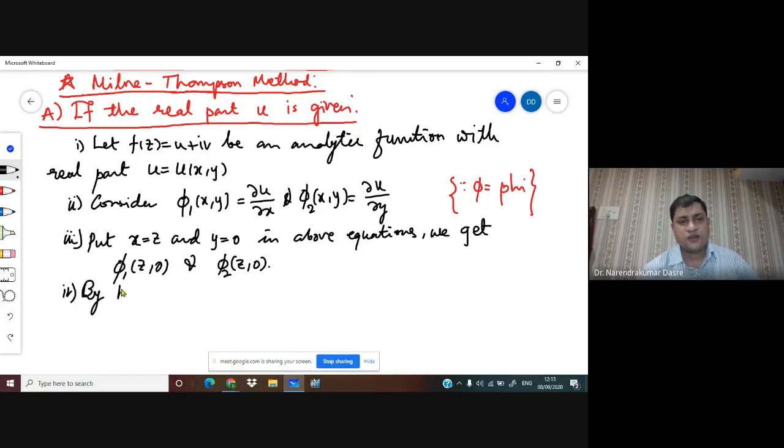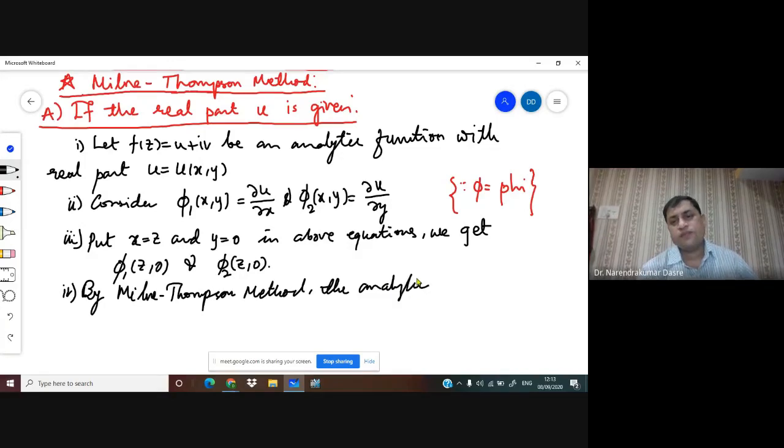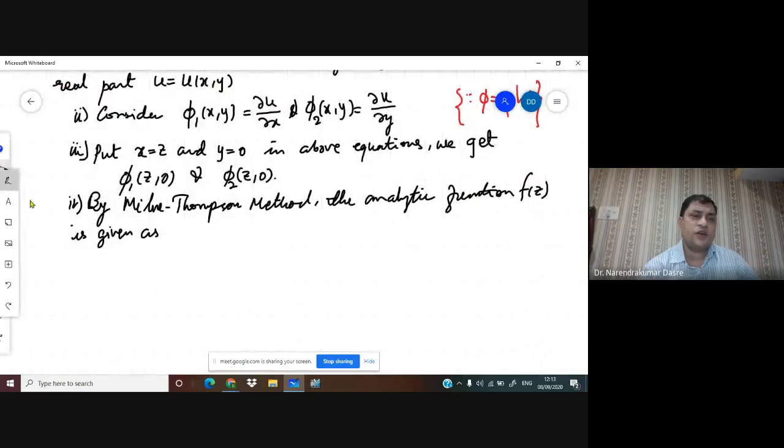By the Milne-Thomson method, the analytic function f of z is given as follows. Always mention the method that you are going to use.